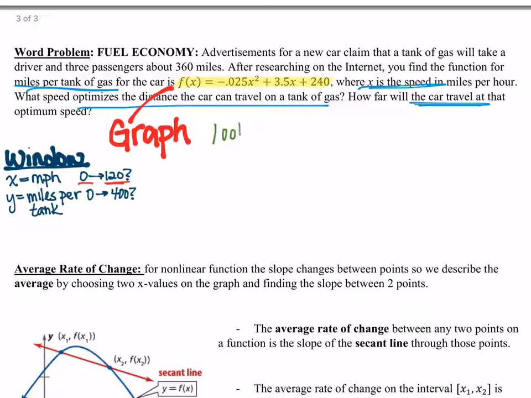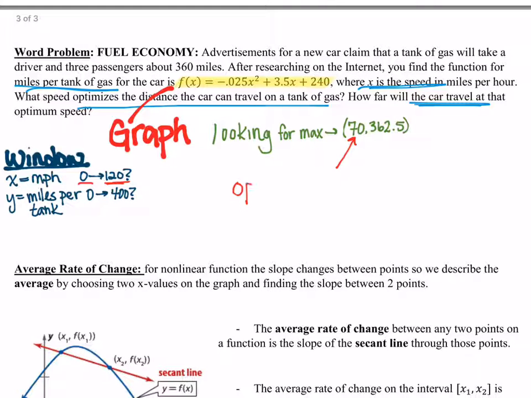Alright, so once we have our graph, we're looking for a local max or a max point on our graph. So I put it in my calculator, and I went to calculate my max, adjusted the screen just like we did on the page before, and it worked out that I found the point 70 for my x max, and the y value there was 362.5.